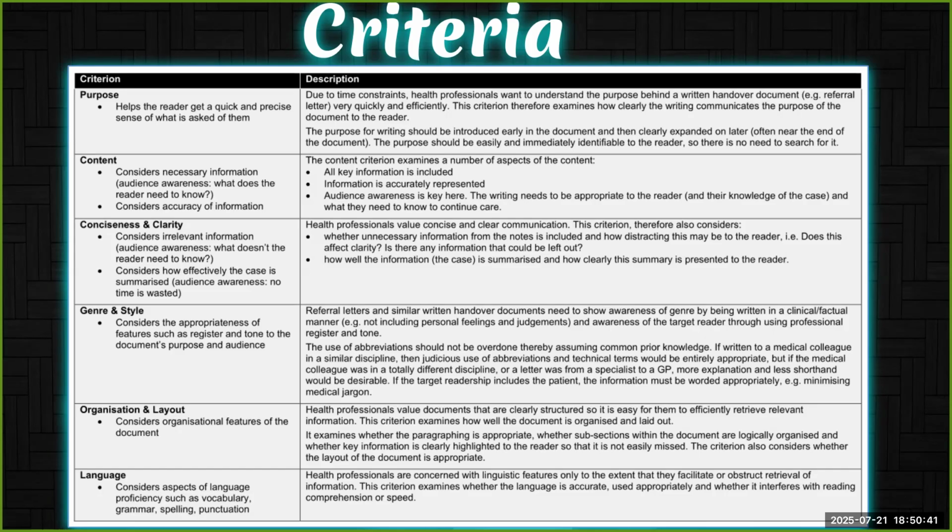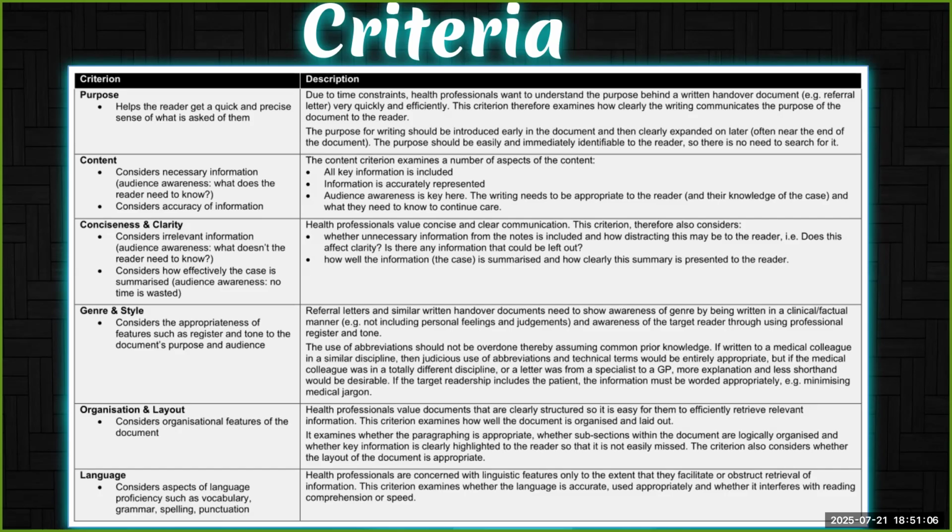Also, how easy it is for them to understand what you've written is also really important. So conciseness and clarity means that you haven't mentioned any unnecessary points, and you've summarized the points that you've included. You've summarized them appropriately, and the meaning, of course, has to be clear while you're doing all of that.